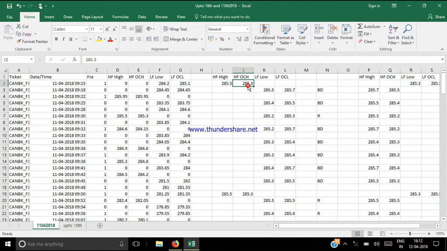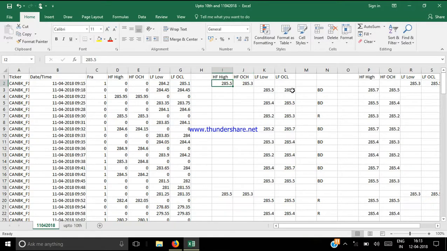Whenever the values are like this, these are only examples. This needs to be applied on any values on this side. Whenever you have these values, and the values in LF and LFOCL which come after these values are like this, if you see, HF is equal to LF low, but this is more than these two.